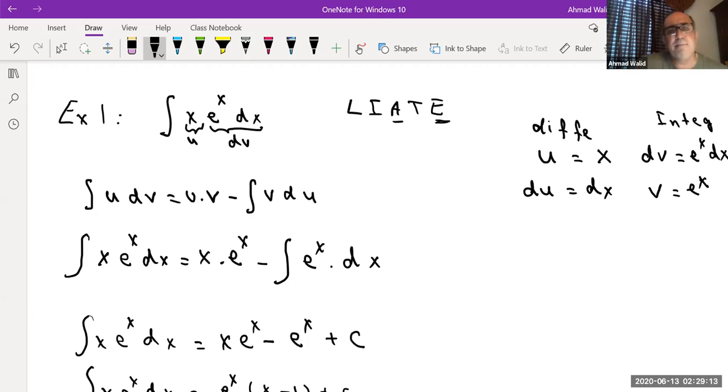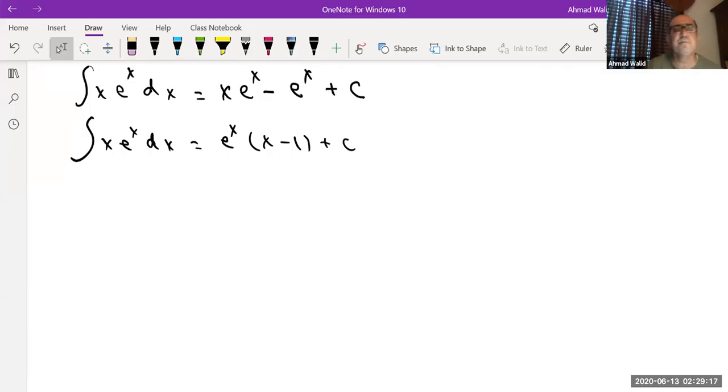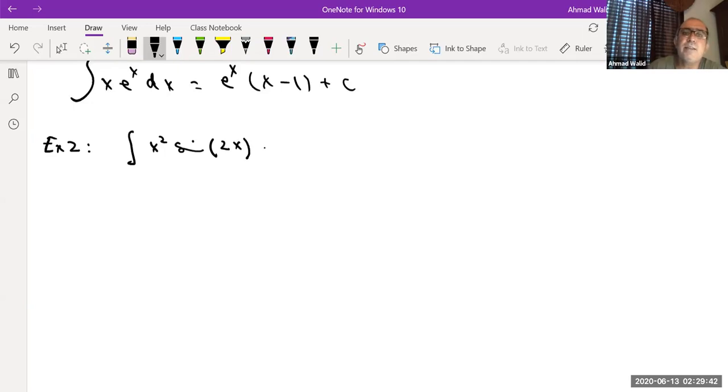Let's do another example. Example 2. Integral of x squared sine 2x dx.